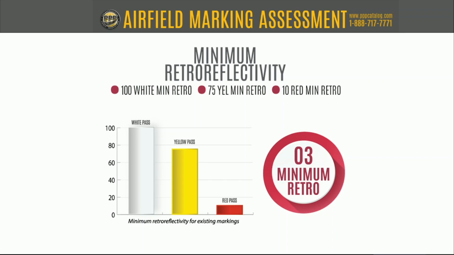We've seen the Federal Highway Administration has been working for years on creating a minimum. Hopefully, we're going to see that by the end of 2019. Understand that these numbers, this 100 and 75 and 10, they're not very high thresholds, to be honest with you. But we go into more detail in some other webinars about what a millicandela is and how we measure it.